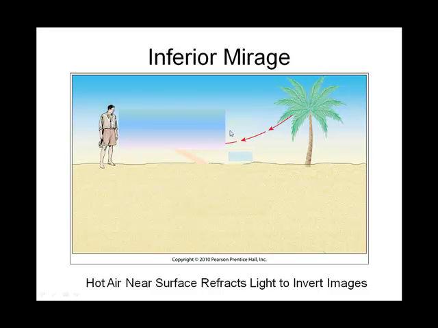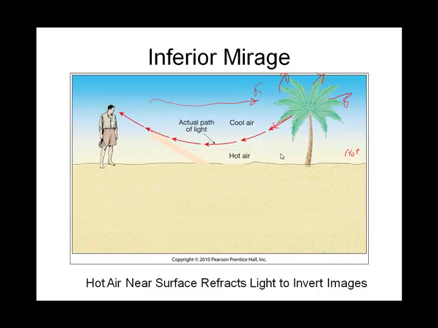Okay, so I'll show you the example here. For instance, here's a guy looking at a palm tree, and this palm tree is sending light information in all directions. Don't be too confused, because this guy actually does see the palm tree there. But notice the light information from the palm tree that's being sent down here: because this is so hot, unusually hot, you know, it's usually warmer and it cools down as you go up in the troposphere, but it's so very hot that the light is bent.